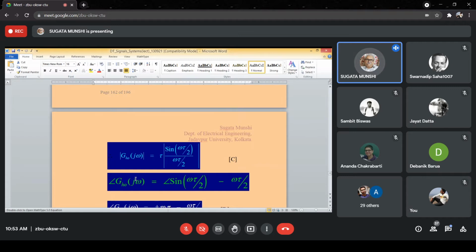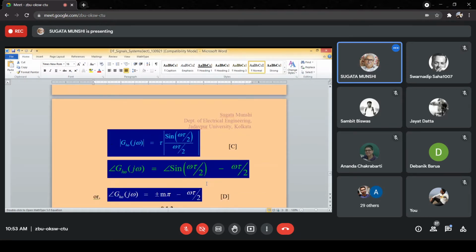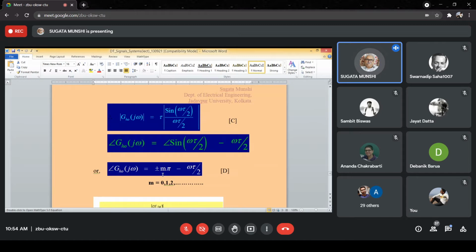The phase response function is the argument of sine omega tau by 2 minus omega tau by 2. It will come out as plus minus m pi minus omega tau by 2, m having values of 0, 1, 2, 3, etc. We are interested more in the amplitude response function. How will it look?